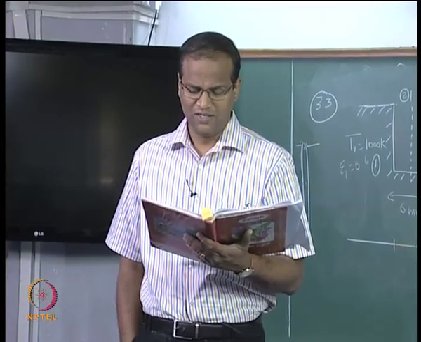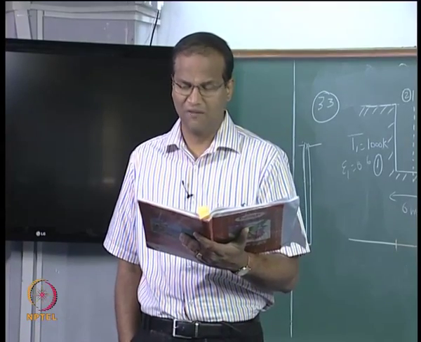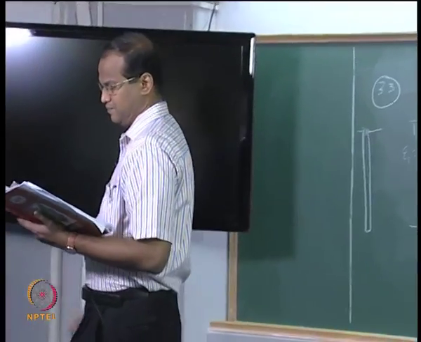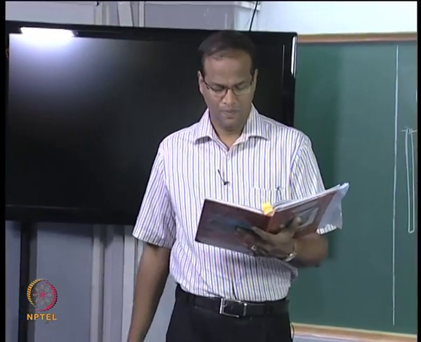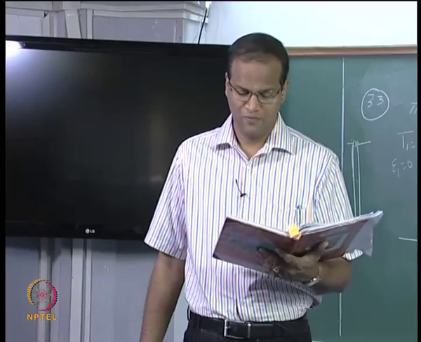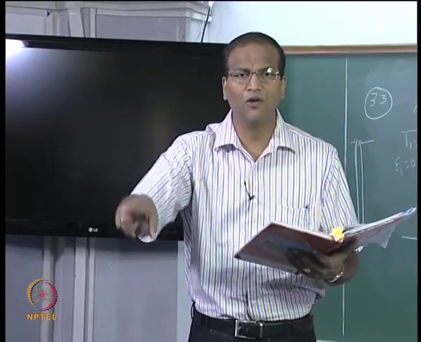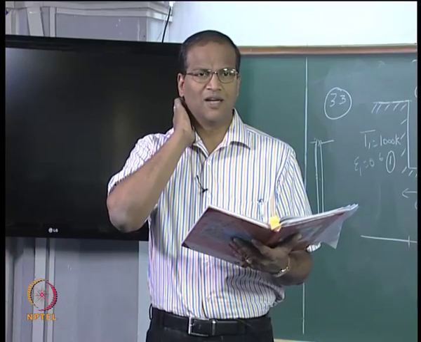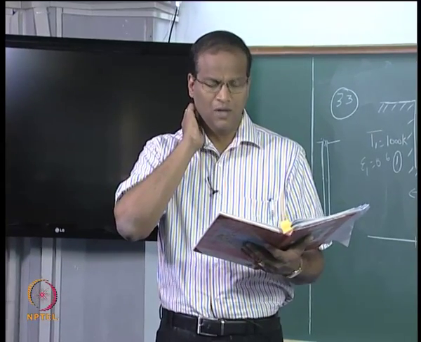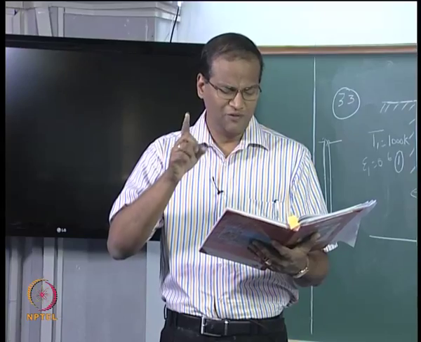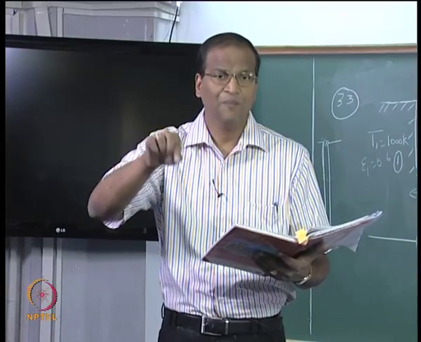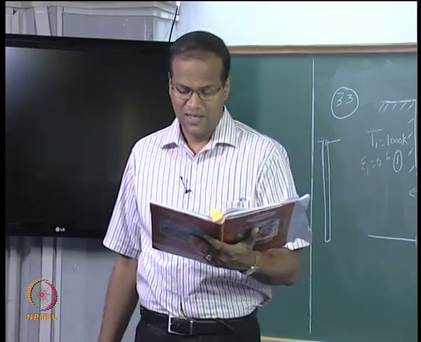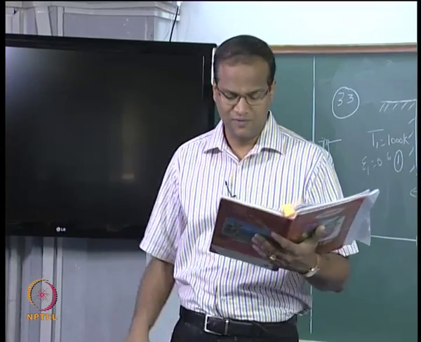Okay, the effective emissivity is defined as the ratio of the radiant heat transfer from the cavity to that from a black body having the area of the cavity opening and the temperature of the inner surfaces of the cavity.